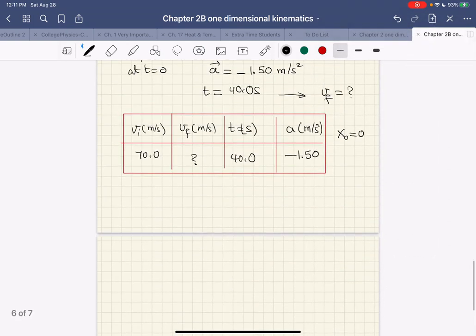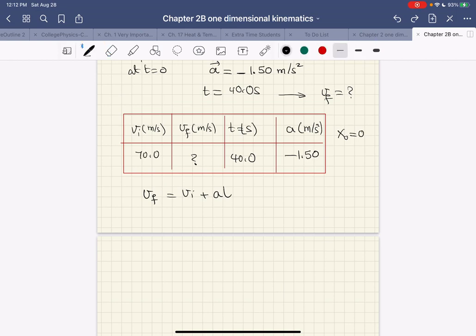Now, if I look at the equations that I have, you are going to find one of them that says V final equals VI plus AT, and that is the one that I want to use here because it has all the 4 variables.